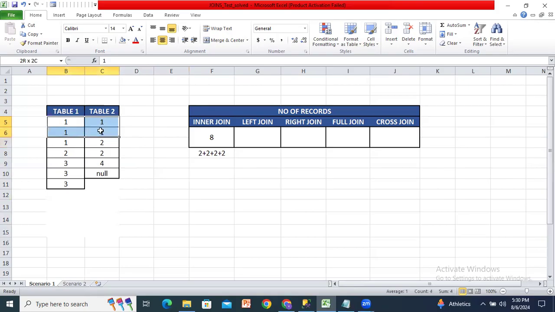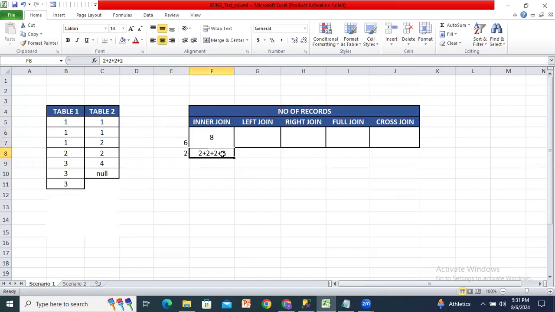So 3 into 2 is 6 records. Second, the value 2 is matching to how many records? Here 2 twos, here 1 two. So 2 into 1 is 2. 6 plus 2, 8. For 3, there are no matching values. So we count 6 plus 2, 8.